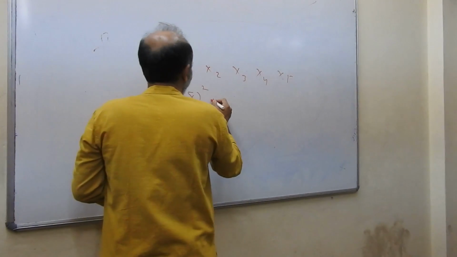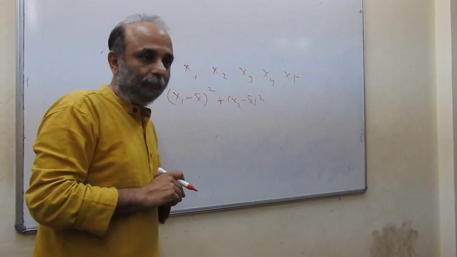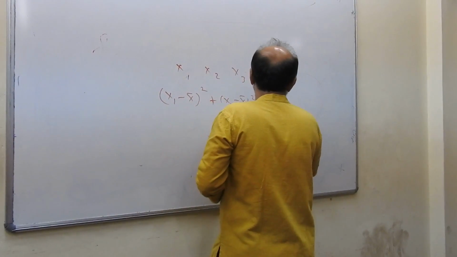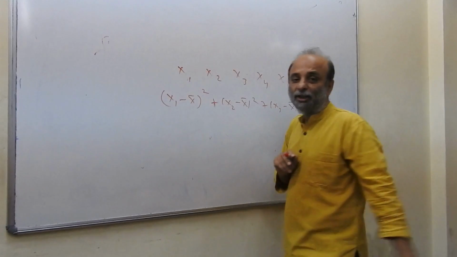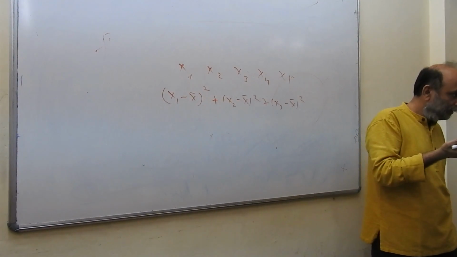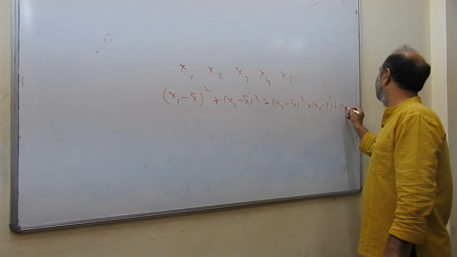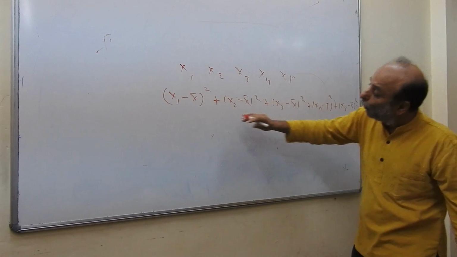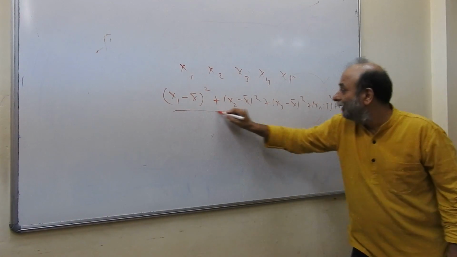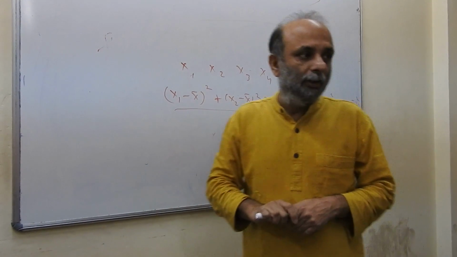If I write x2 minus x bar squared, that's the distance of x2 from the mean. If I write x3 minus x bar squared, distance of x3 from the mean. If I write x4 minus x bar squared plus x5 minus x bar squared, these are the total distance of all the observations from the mean. I divide it by 5. What do I get?